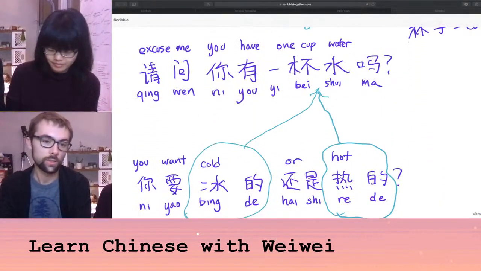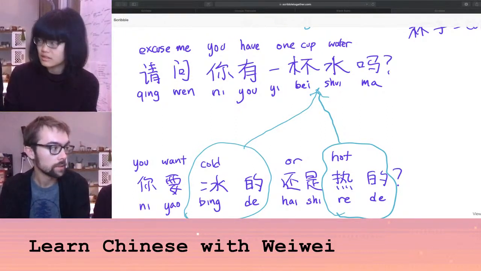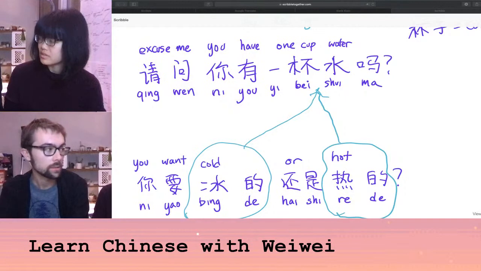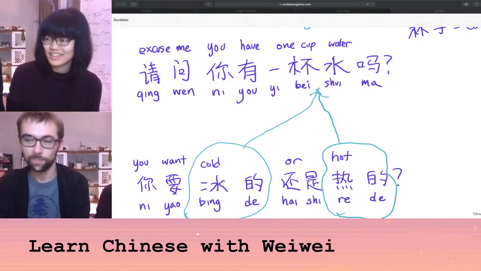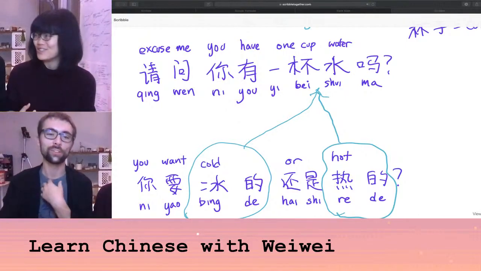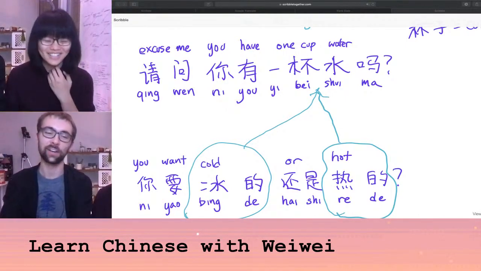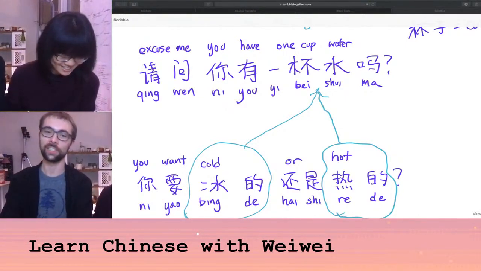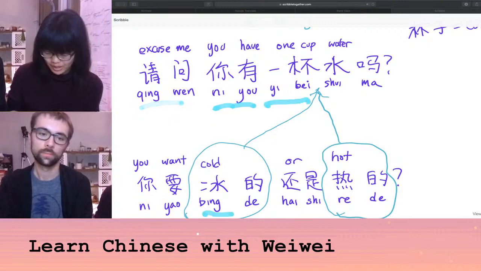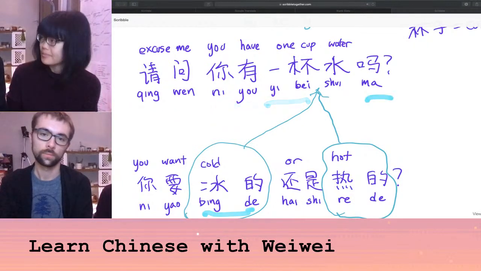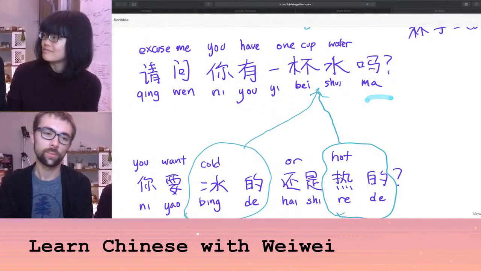So I could use this if I'm trying to hold a hot versus a cold drink, like cold matcha, hot matcha. Yes. Excellent, there's now motivation. I can successfully order tea in China. 请问你有一杯冰的茶吗?